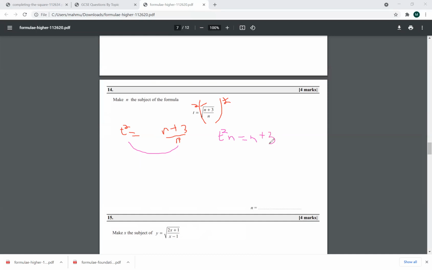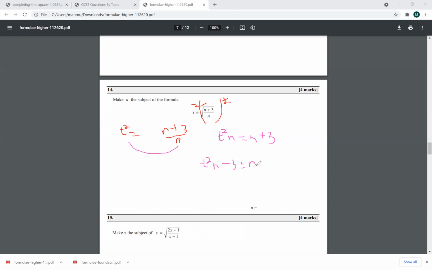Now, I have to make n the subject. So what I will do now is take the 3 to the other side. So I'll get t squared n minus 3 equals this n on its own, right?